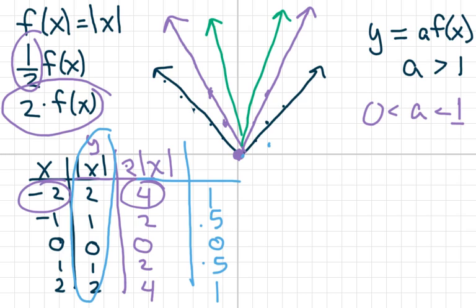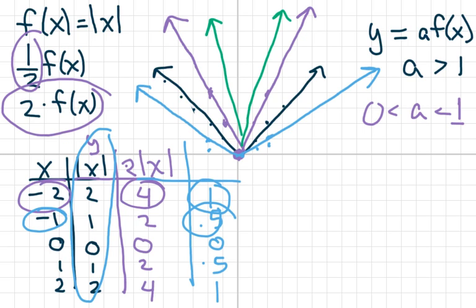Basically, we're graphing negative 2 with 1, and 2 with 1. Negative 1 goes with half. And it's flatter. So it gets closer and closer to the x-axis here.